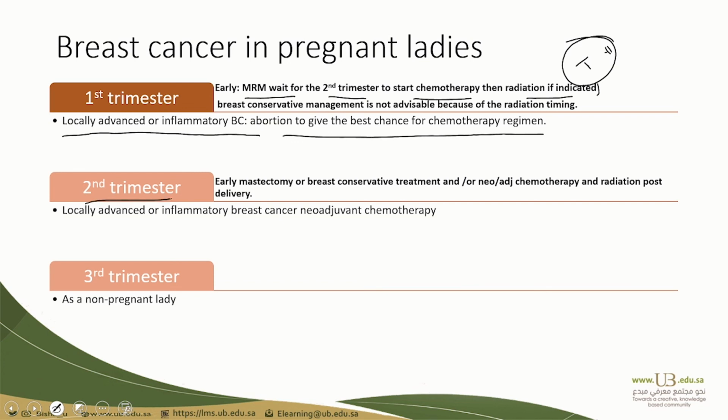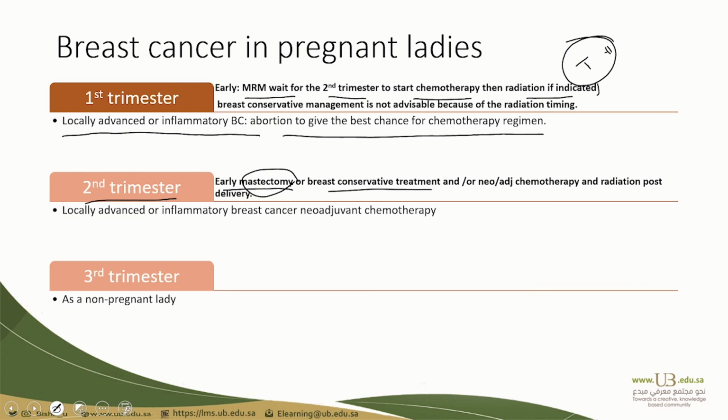In the second trimester, if they have early breast cancer, we can do mastectomy or breast conserving surgery. You can also start them on neoadjuvant chemotherapy while they are in their second trimester, and after delivery you can do surgery for them.